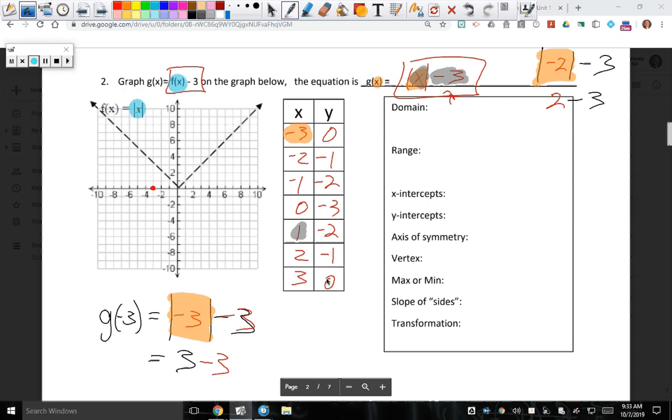So let's graph these: (-3, 0), (-2, -1), (-1, -2)... (0, -3), (1, -2), (2, -1), and (3, 0). So my graph looks something like this.